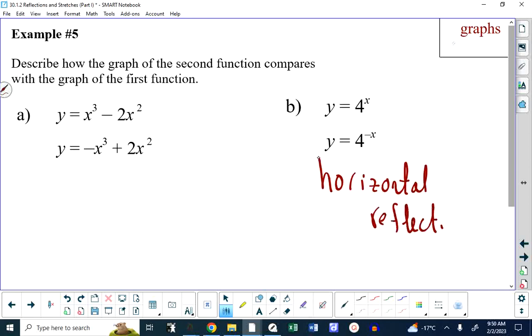And I don't know how important this next little point is, but when I say that y equals 4 to the negative x is a horizontal reflection of y equals 4 to the positive x, I could also say y equals 4 to the positive x is a horizontal reflection of 4 to the negative x. They're reflections of each other.